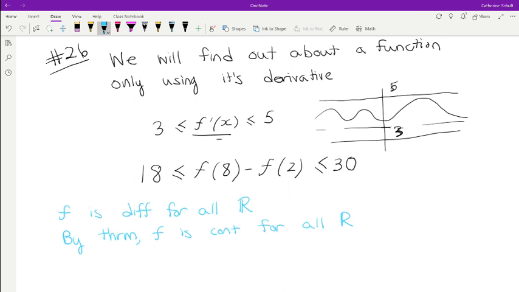It doesn't go the other way, right? Continuous functions aren't necessarily differentiable, but differentiable functions are automatically continuous. Okay, so those are the two criteria for the mean value theorem. You have to be differentiable and continuous.